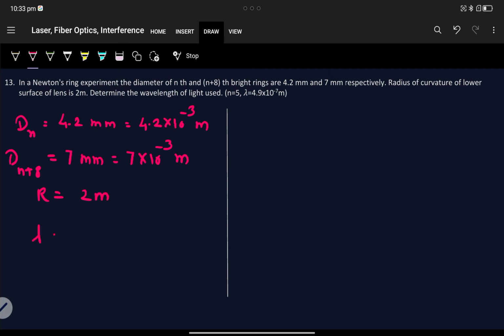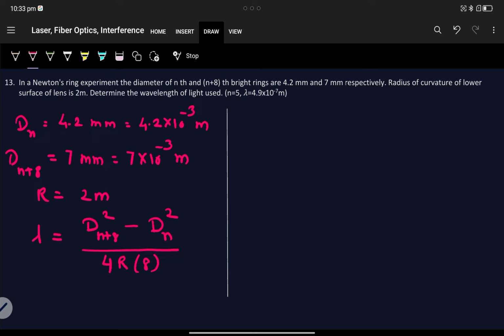So for wavelength, we know the same formula will be used: the diameter square of the 8th order dark ring minus the diameter square of the nth order dark ring, divided by 4r into p, where p is n plus 8 minus n, which will be 8.